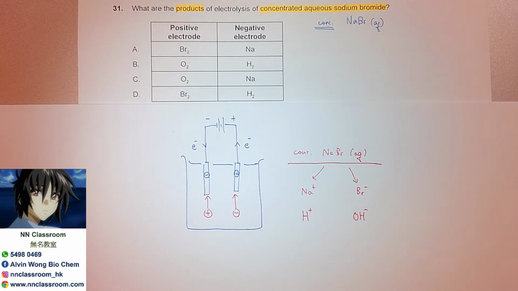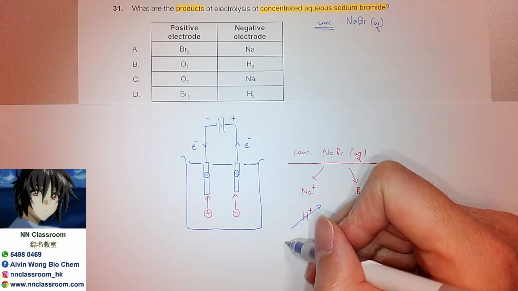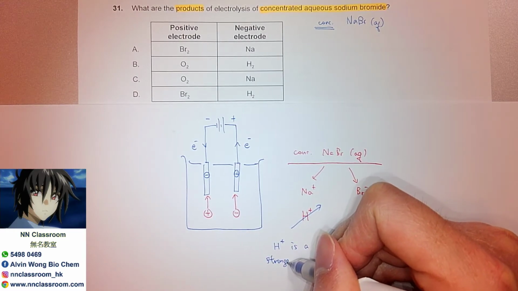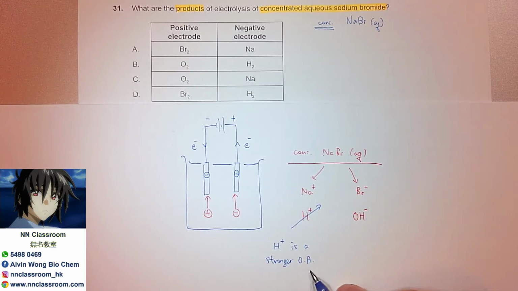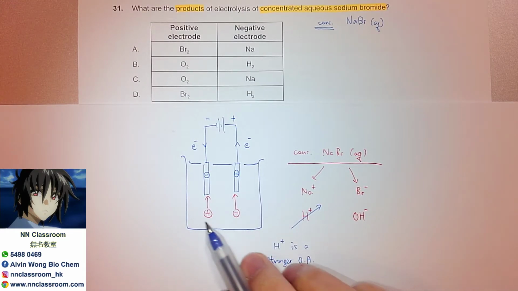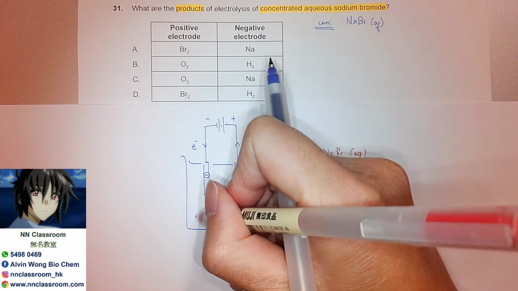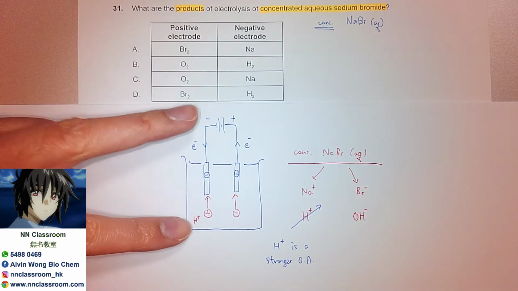In this case, H+ is the better choice because H+ is a stronger oxidizing agent. So it will preferentially come and grab the electrons to undergo reduction. With this understanding, we can see that the H+ ion is the winner this time, and goes up and receives the electrons.